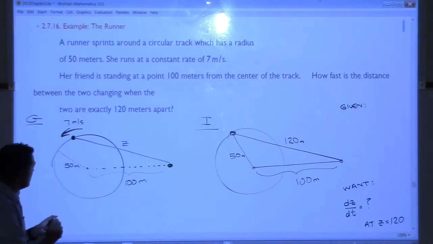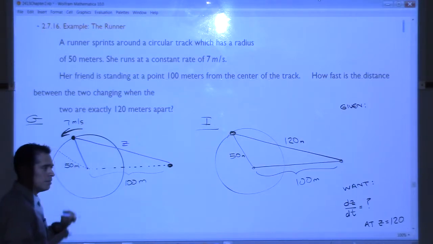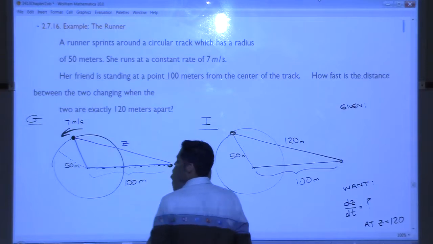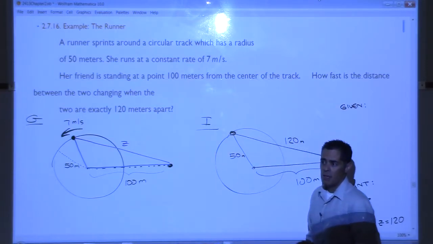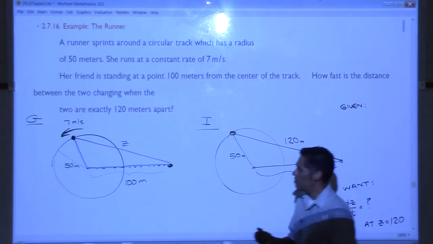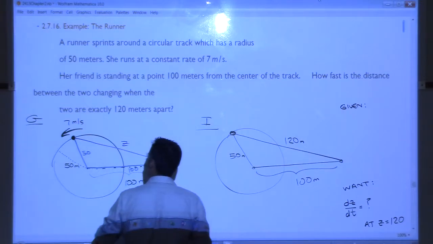But what I could do is this. If I connected from the runner down to the center of this circle, and then from that over to here, that triangle has two of its three sides always the same, fixed, right? This is always 50, and this is always 100.